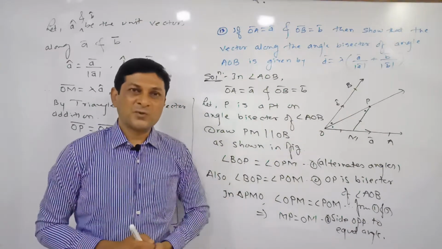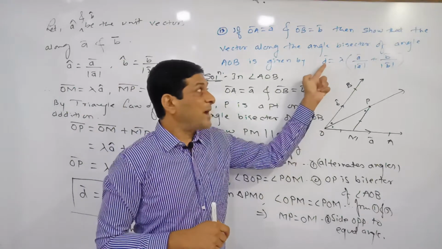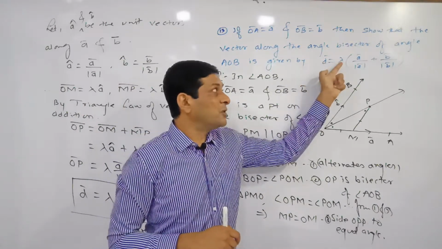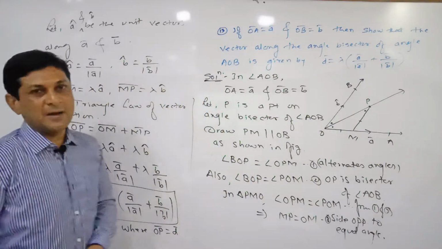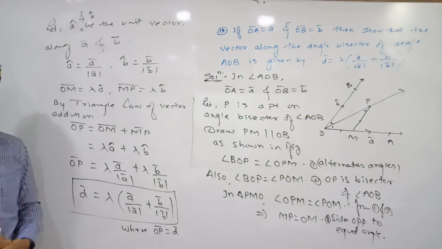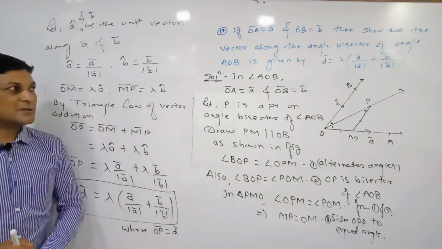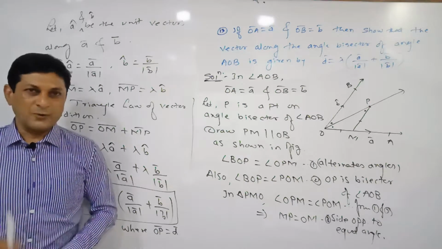And the question is also to find the vector along the angle bisector, and we have to prove that its value is D bar equal to lambda into A bar upon magnitude of A bar plus B bar upon magnitude of B bar. Here we have got the same result. So in this way we have got a vector along the angle bisector of angle AOB.